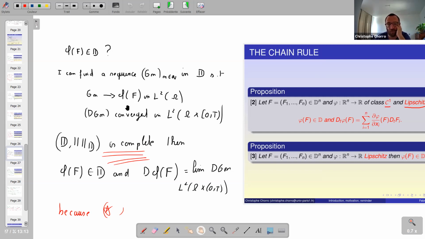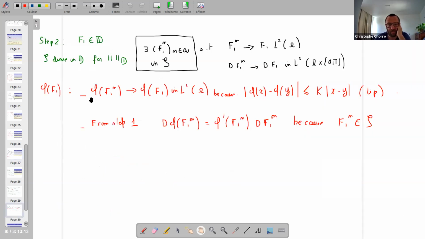And in this way, if I do the job, I have my result where the limit I am interested in will be D of phi of F. So my Gn will be this one, in fact. My approximating sequence will naturally be phi of the approximating sequence of F1. So in order to conclude, I have to study the convergence of this one.